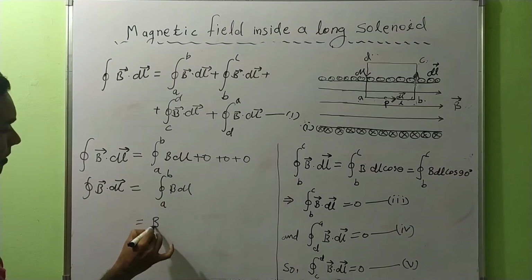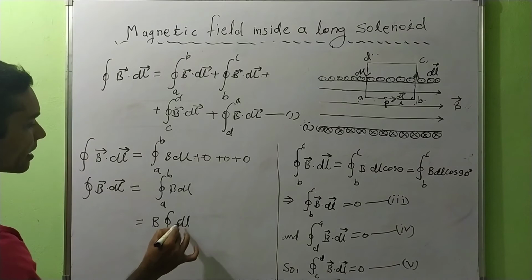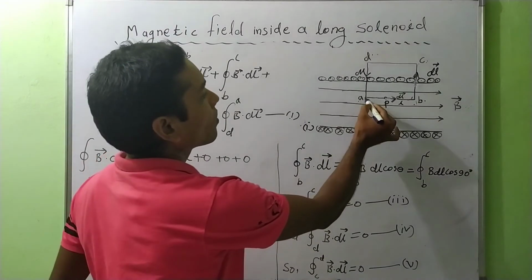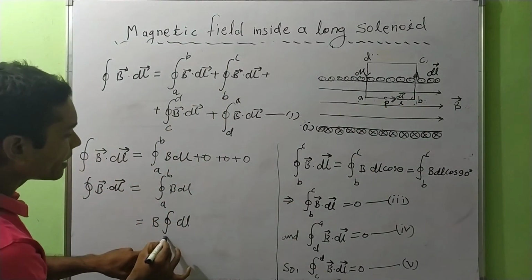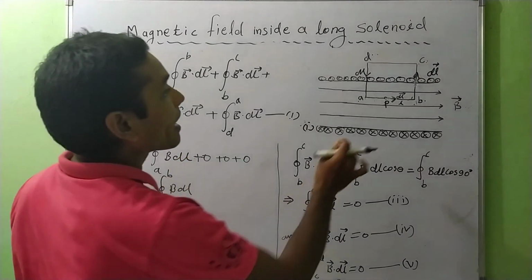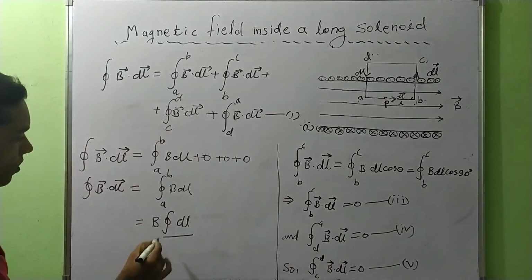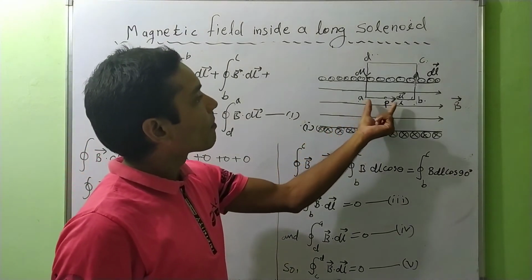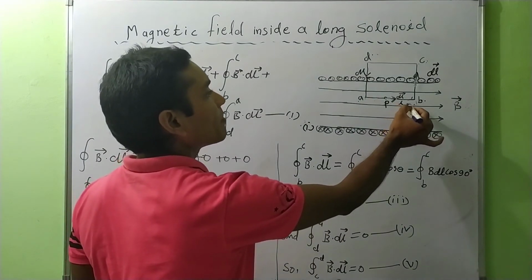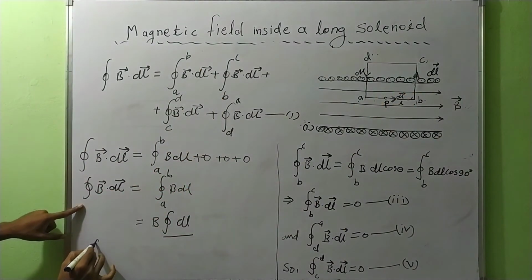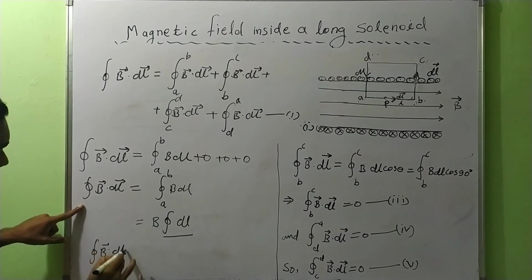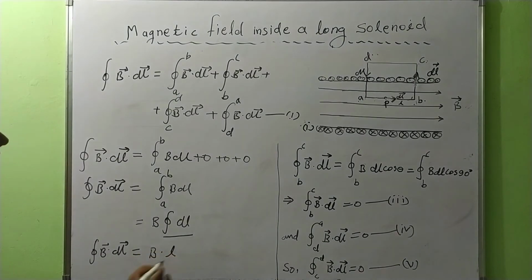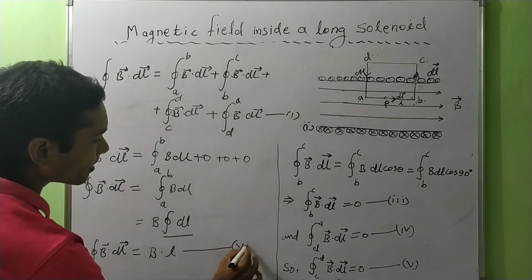So we get B times the integral of dl, where dl is the small length element along path AB, and the integral of dl is the total length of path AB. If the length of path AB is small l, then the line integral of magnetic field will be equal to B times L. Let this be the sixth equation.